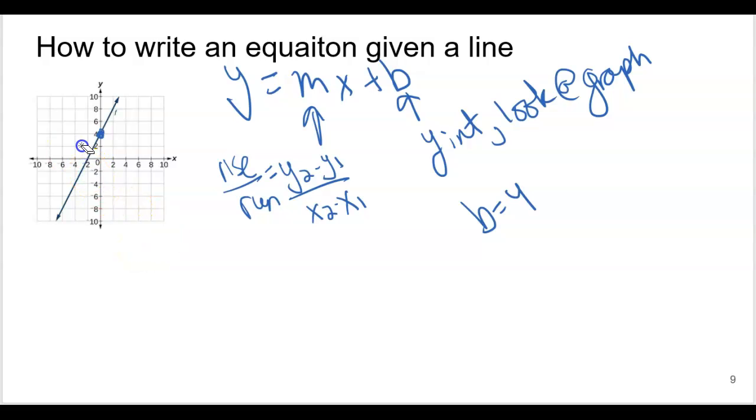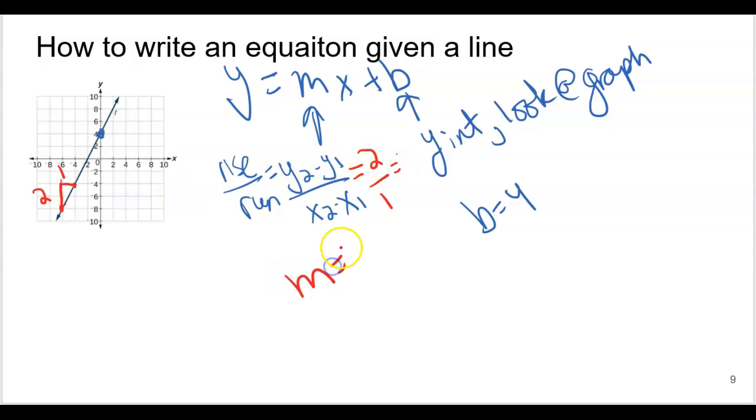If you want to think of it a different way, you can. So I'm going to pick 2 points down here so the graph isn't as messy. I go up 2 over run. So I rise 2. I go over 1.